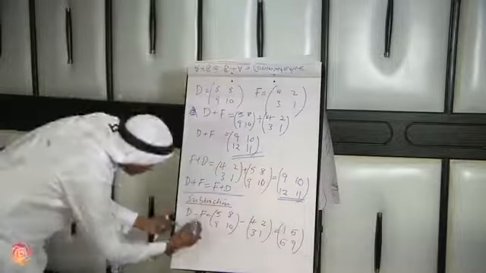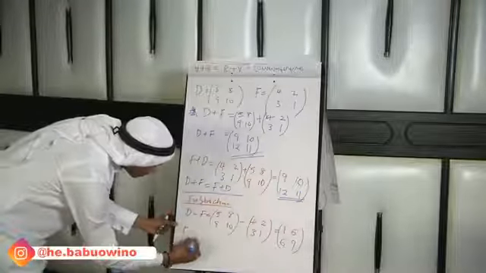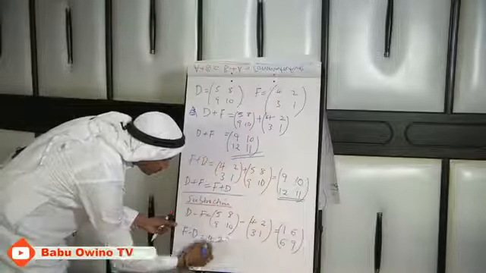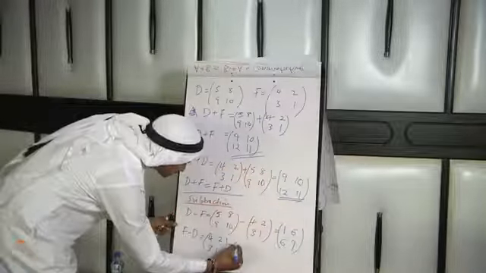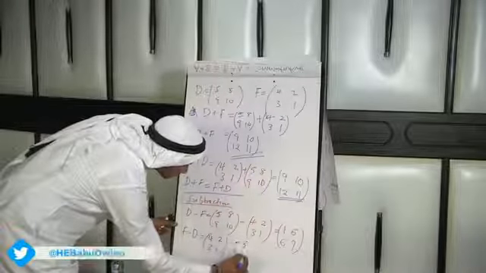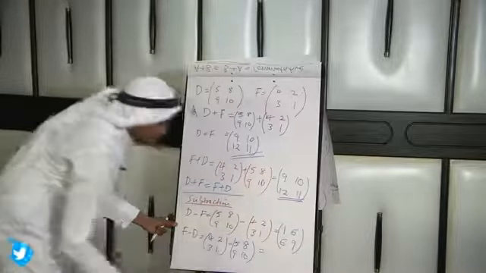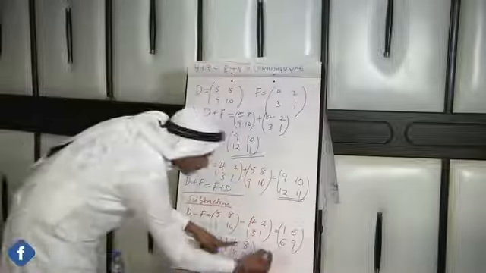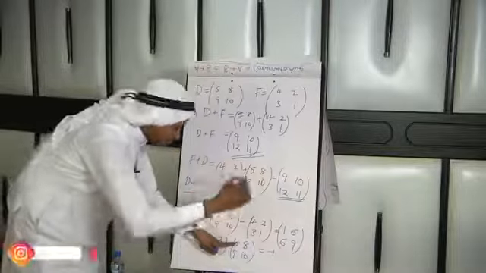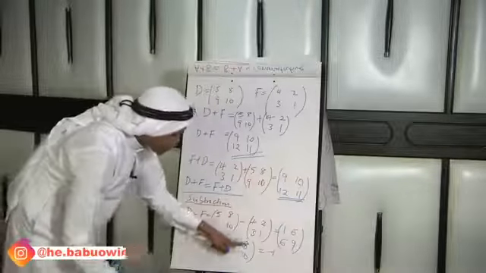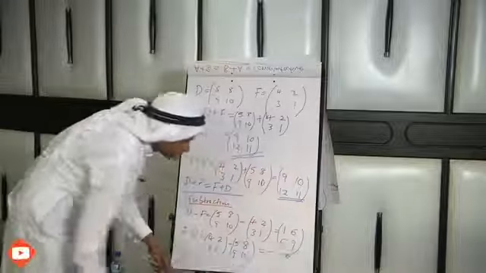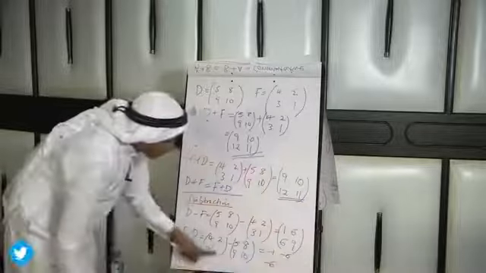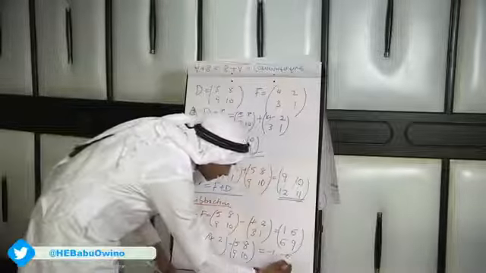Then F minus D. So F is 4, 2, 3, 1, minus D, which is 5, 9, 8, 10. What do we get? Here we have 4 minus 5 is minus 1. Then 2 minus 8 is minus 6. 3 minus 9 is minus 6. 1 minus 10 is minus 9.